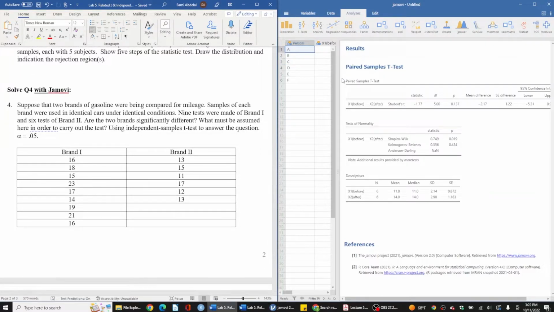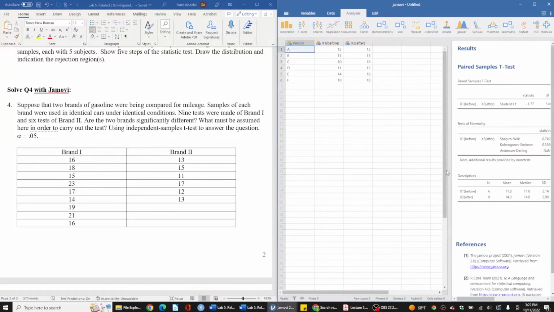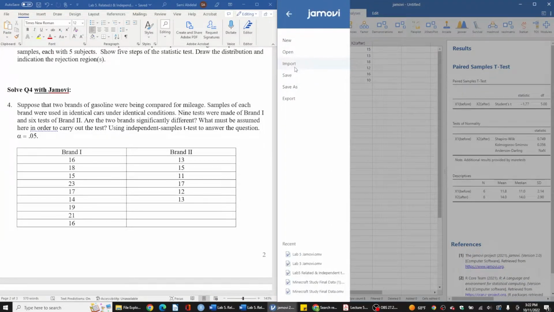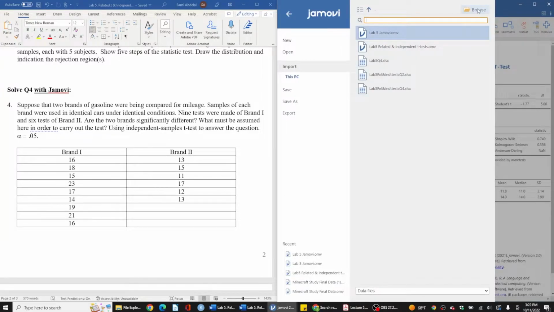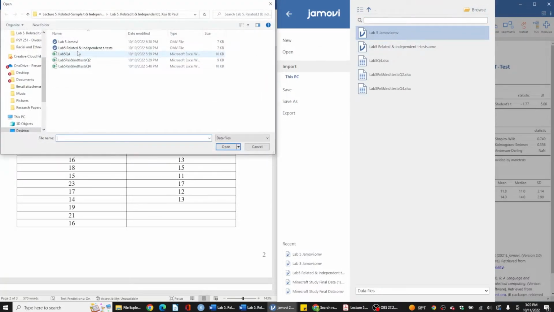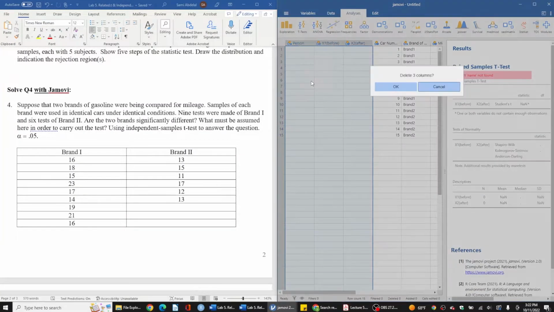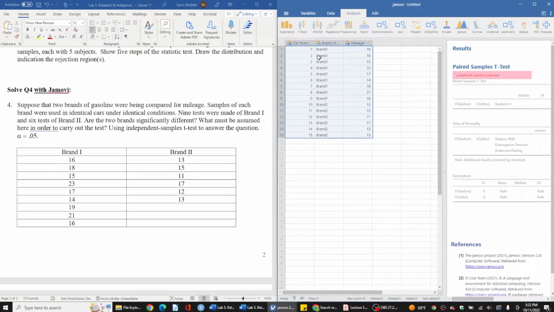So the graph that you see here, once you enter your data into your Excel spreadsheet, or if you enter it into Jamovi, is going to look a bit different. Okay, so we have to have a line for each brand.